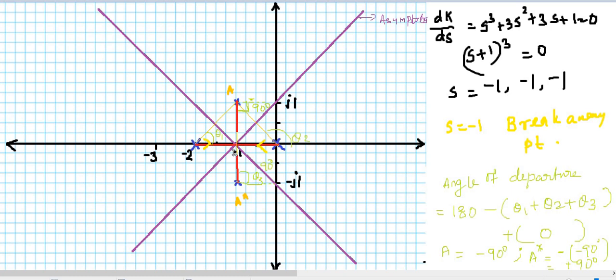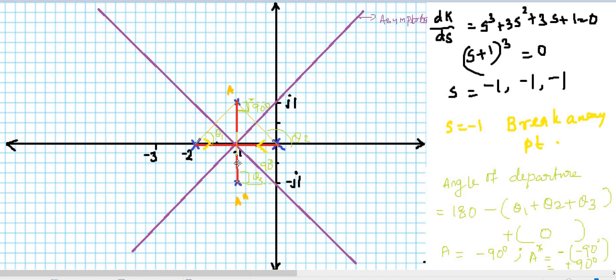We already have minus 1 as the breakaway point, and you can see that these complex poles are in a straight line to the breakaway point, and the angles of departure of these two complex poles are plus 90 and minus 90. Hence, the root locus branch that starts from here is coming at plus 90 degree, and here it is coming at minus 90 degree.